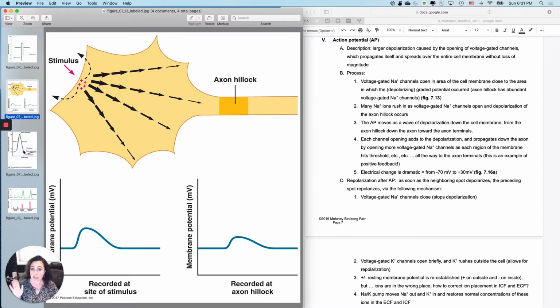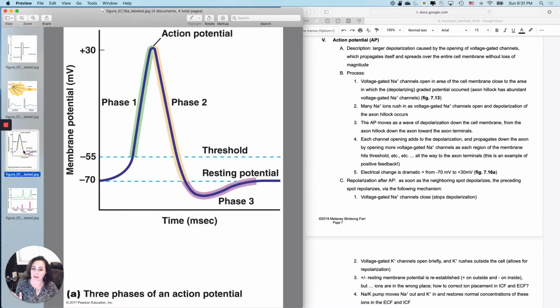The change is really, really dramatic. It looks like this. So from here to here is a graded potential. That's all what we talked about before. But the magic happens if you hit minus 55, because then you open the first voltage gated channel. When you open the first voltage gated channel, you're going to get a massive action potential. So the change is really dramatic.